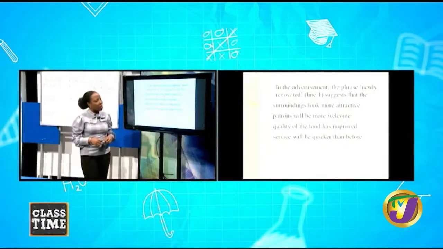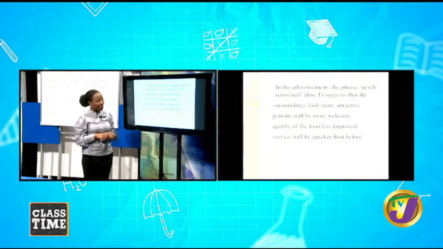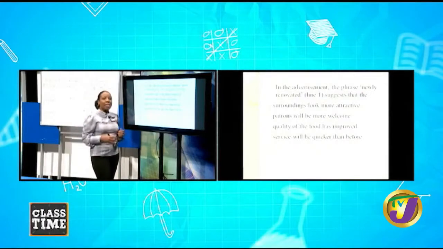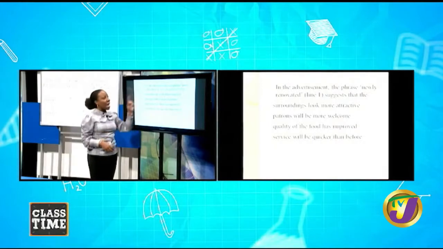Look at the options and decide, what does newly renovated mean? If you decided that A is the answer, excellent job. Surroundings look more attractive, meaning Snack Time, the restaurant, has done some work to improve the look of the building. They have refurbished it, right? So A is the answer.